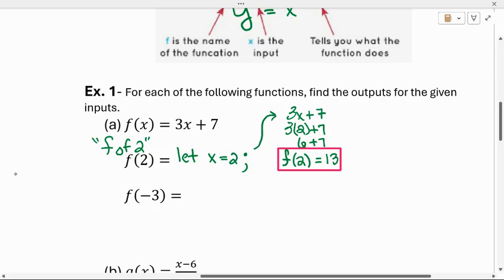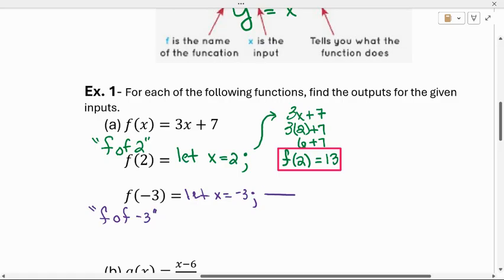Let's take a look at the second example. So this is f of negative 3. That's how we say that. This is the same thing as saying let x equal negative 3. You don't have to write this every time. Remember, this is just a note or a journal, so I want you to really know what it means.